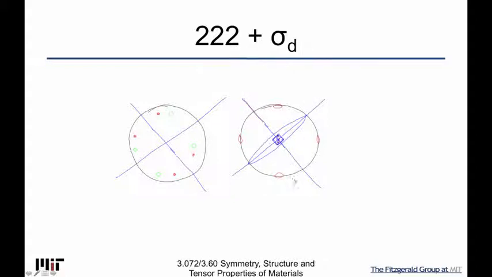Now we've got to make our nomenclature. Clearly in one axis direction, I've got the 4 bar. And then in the other directions, I essentially have twofold axes with mirror planes, so that's a 2m. So this is group 4 bar 2m.